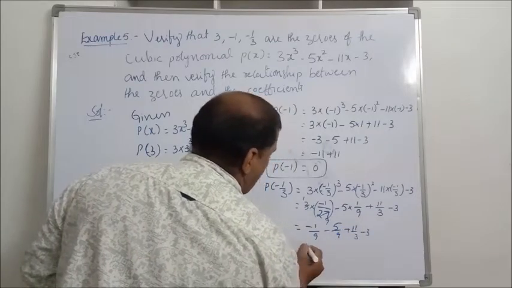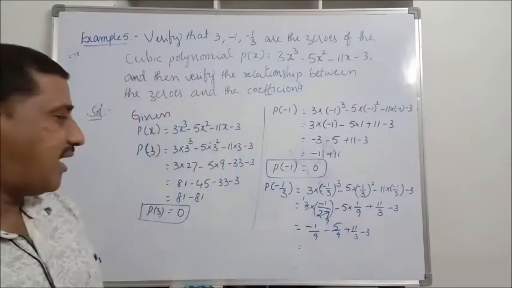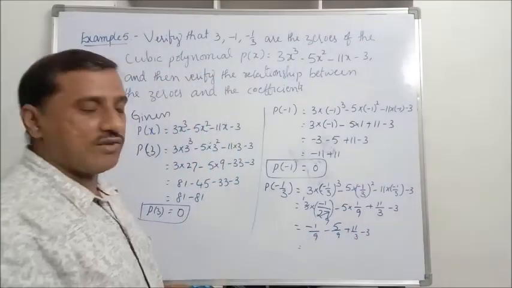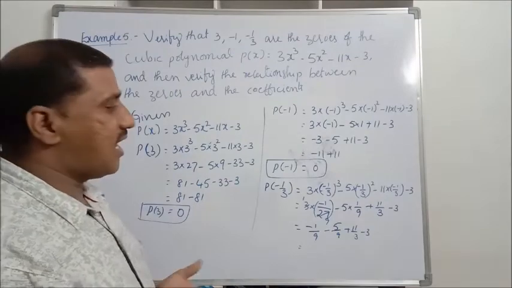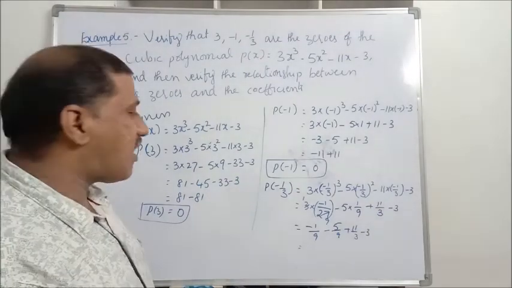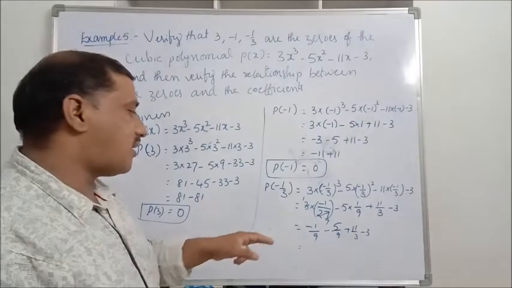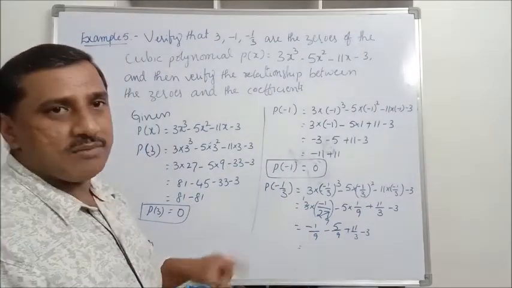3. Now take the LCM for the denominators. The LCM of 9, 9, 3 and 1. For 9, 9 and 3 the LCM is 9, because 9 is a multiple of 3 and 9 is the least multiple of 9.